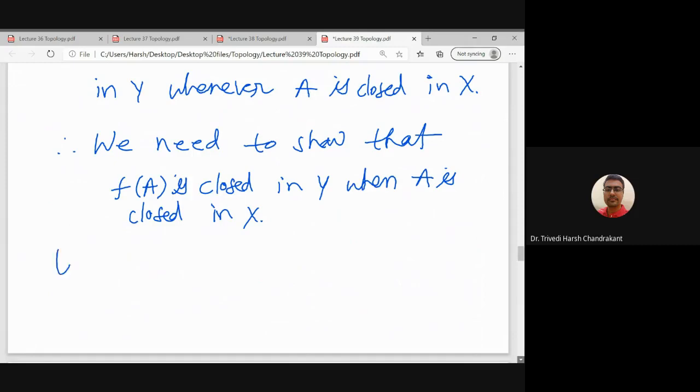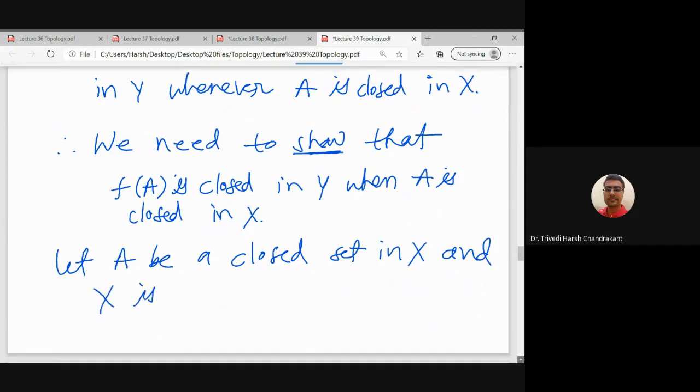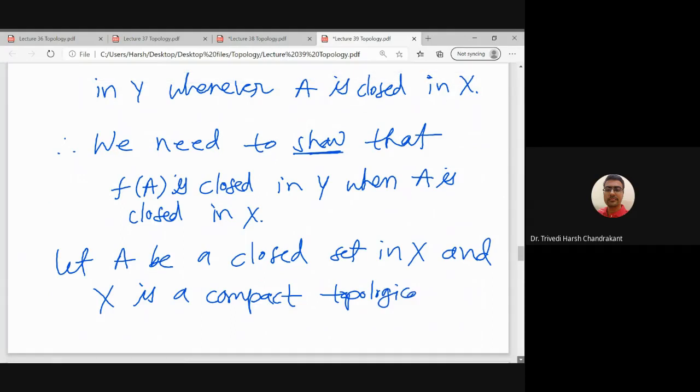So let us start with a set A, and A a closed subset of X, and what we know about X is that X is a compact space, that is given in the hypothesis. So X is a compact topological space.